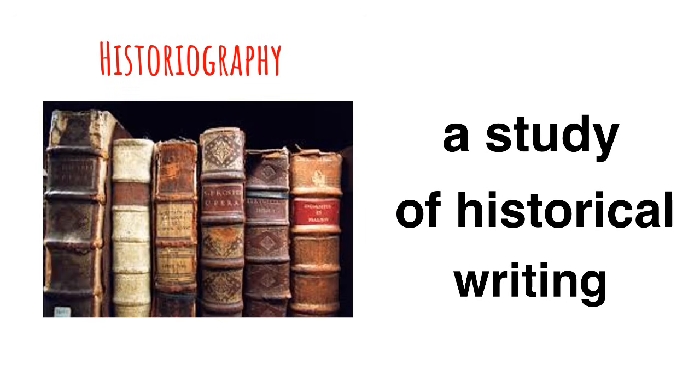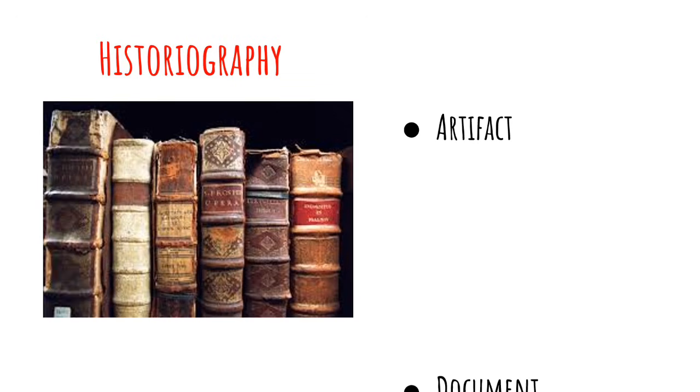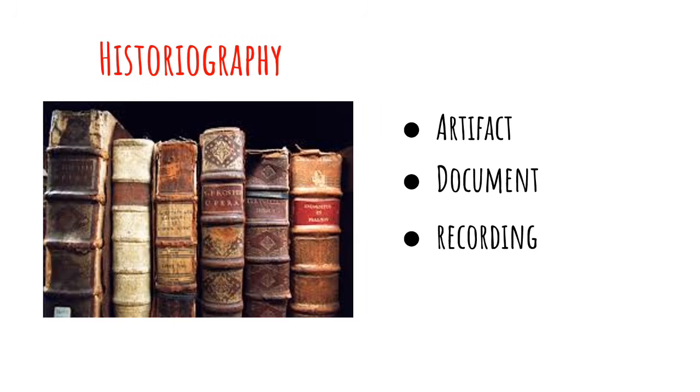For example, in historiography, a study of historical writing, a primary source, which is also called the original source, is an artifact, a document, a recording, or other source of information that was created at the time under study.